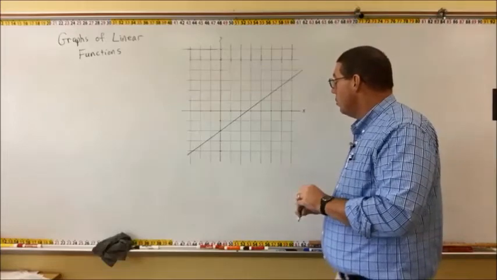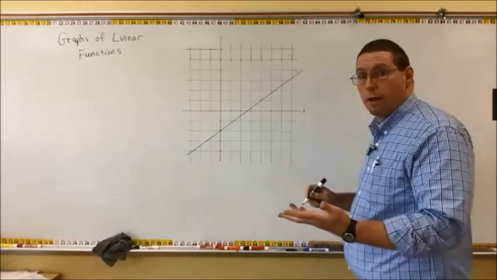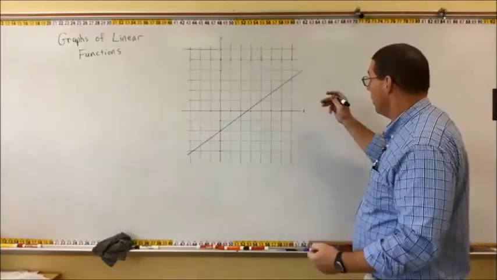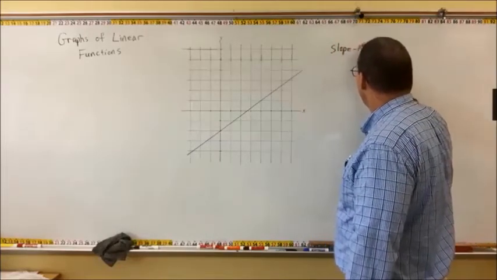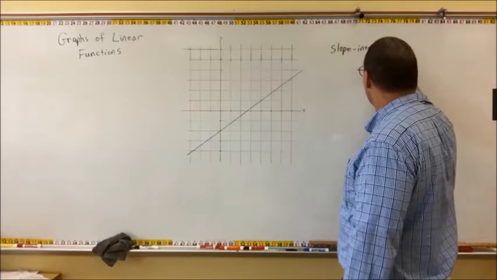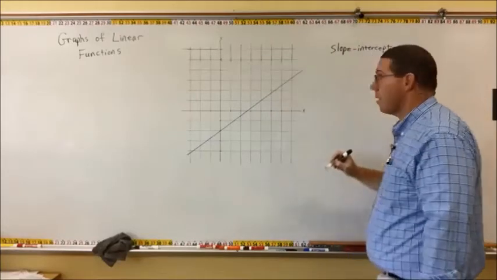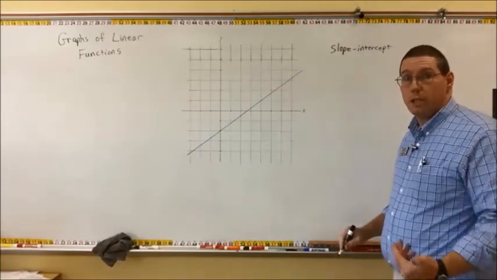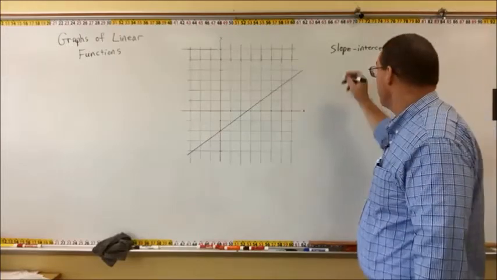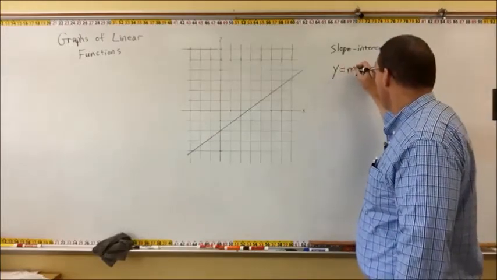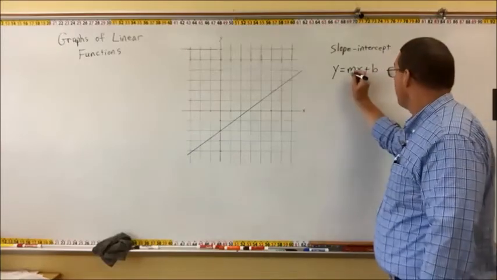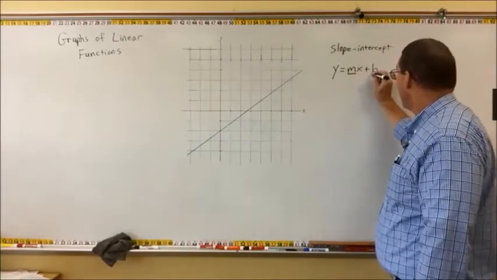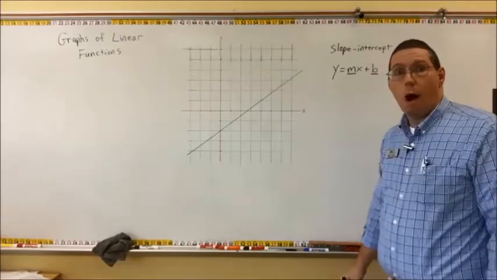Now, usually in most cases, you write the equation of a line on a graph in slope-intercept form, which is well known among a lot of people as y equals mx plus b form, where m is the slope and b is the y-intercept.